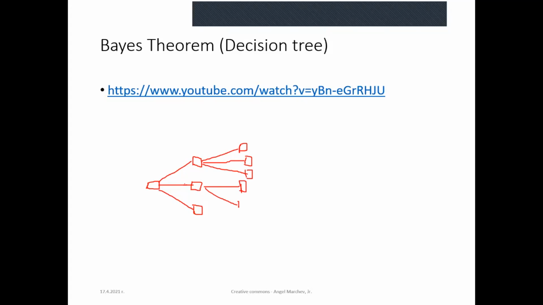Let me draw it a little bit like this, and I'm going to draw it even further down, because I can have conditions of conditions and so on and so forth, right? So basically, we are going to analyze.